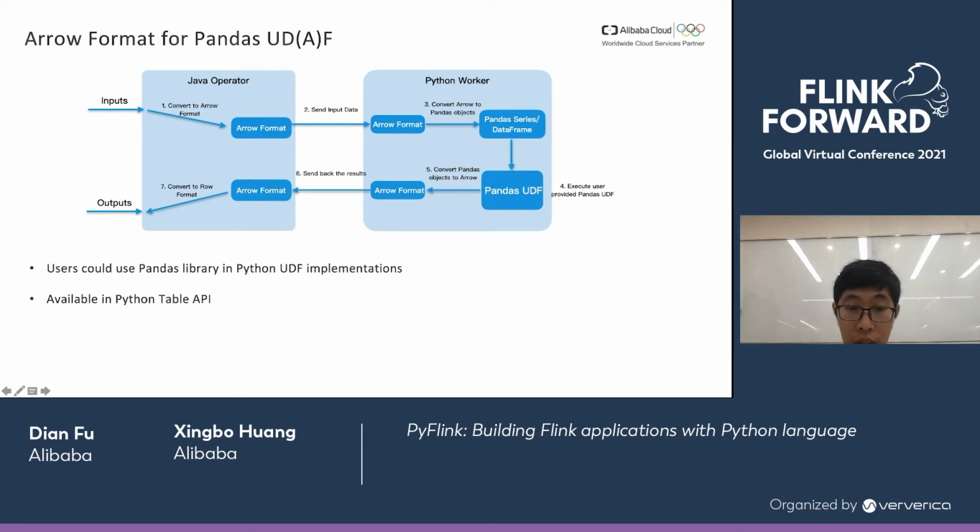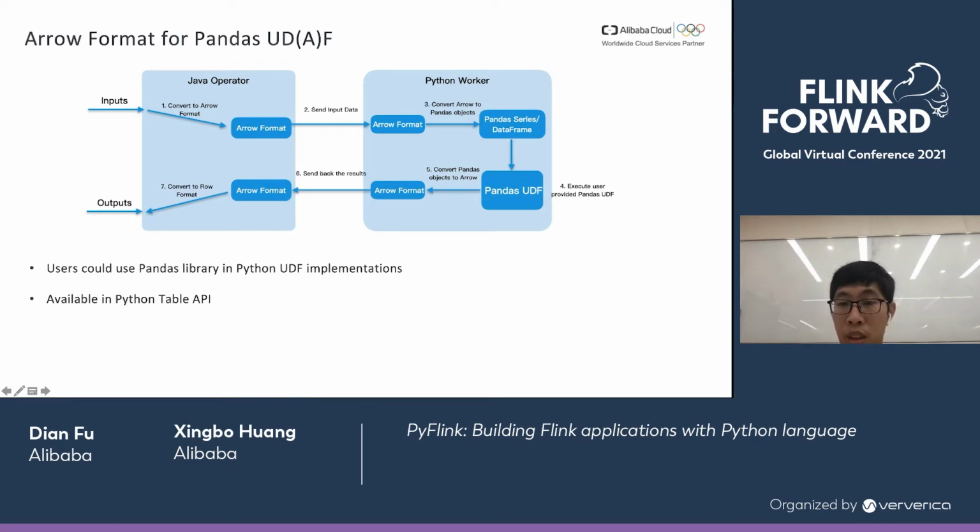Next, let's take a look at the Arrow format optimization for Pandas UDF. The Java operator will convert the input data into Arrow format data, and then send this Arrow format data to the Python worker. The Python worker will convert the Arrow format data to Pandas objects.